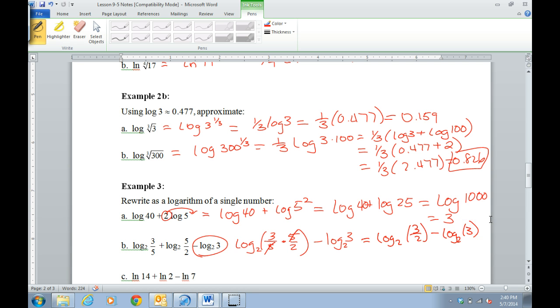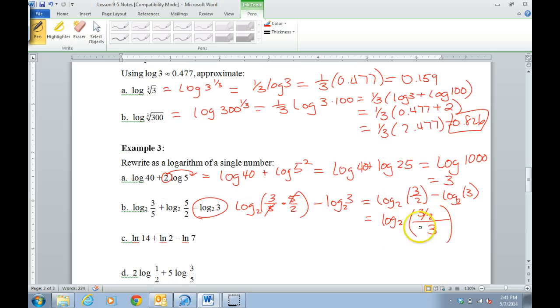Now, if we're subtracting, what does that mean? Divide. So this will be log base 2. Hold on. Wait, where's that last step go? So think about fractions here for a second. 3/2 divided by 3.